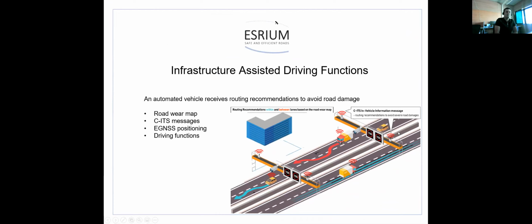So let me move on to the next slide. This presentation is about infrastructure-assisted driving functions. Many of the components that we are utilizing in this presentation have been presented in bits and pieces by other colleagues so far, and we will try to put these in context in this last talk. So here the aim is to demonstrate automated driving with infrastructure assistance messages, and with the specific example of routing recommendations which correspond to the Esrium use case 2, if you remember.